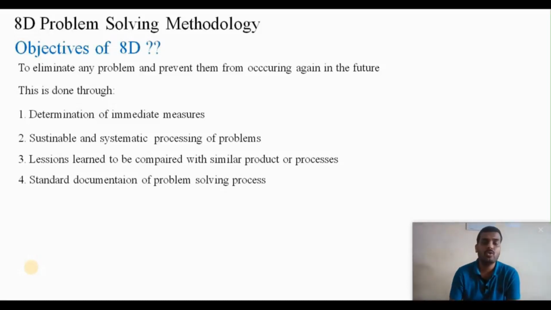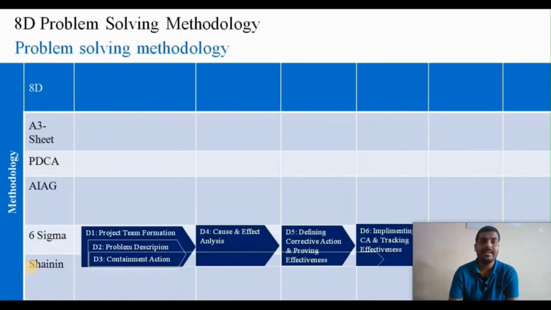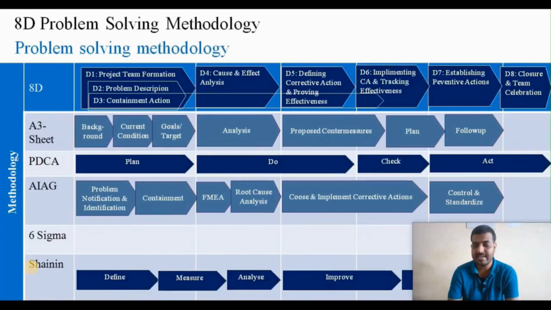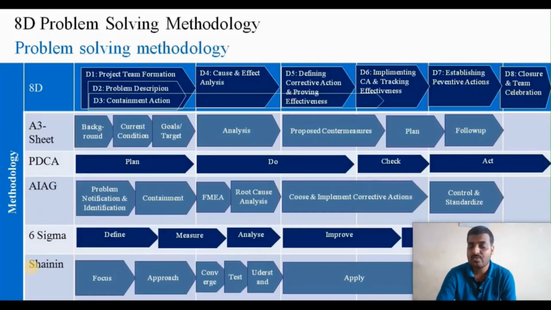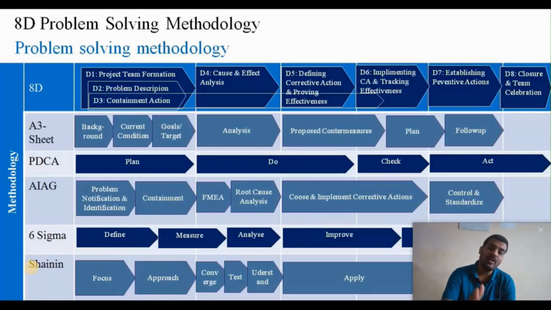Then we moved to the various problem solving methodologies like 8D, A3 sheet, PDCA, AIAG, Six Sigma, and Shainin. Out of these, from 8D to Six Sigma, these are all traditional problem solving methods which use the thinking from X to Y, that is from potential causes to the output.